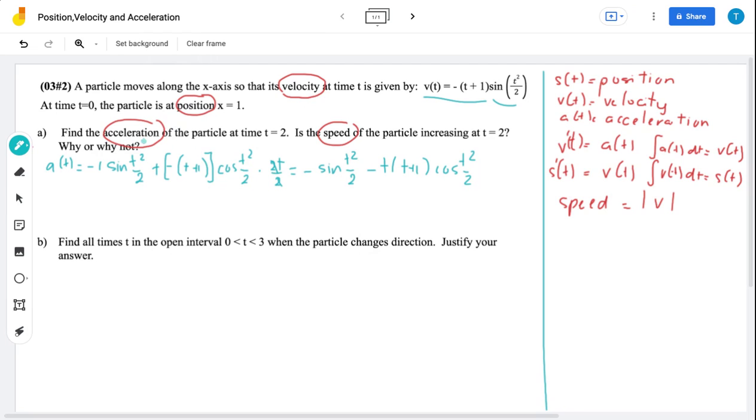But they ask for the acceleration of the particle at time t equal to 2. So you just substitute 2 for t. You have negative sine of 2, and then substituting 2 in here, minus 6 cosine of 2. Let's use the calculator to see what we have here.